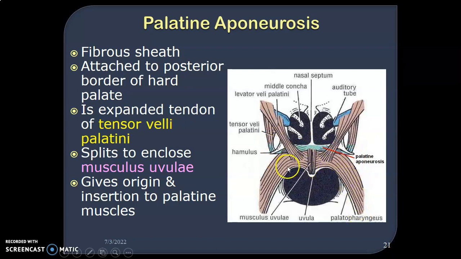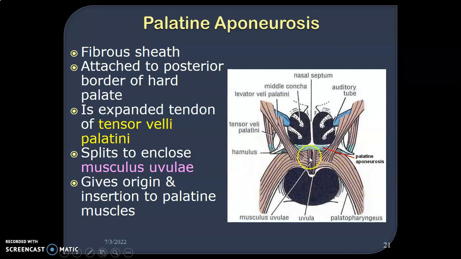Then you have your palatopharyngeus muscle here, the uvula containing musculus uvulae in it. This is the uvula. When you open the mouth, at the center above, there's usually a projection in the midline, that's the uvula. And on the sides, you have palatopharyngeus running through. This expanded tendon of tensor veli palatini comes from the palatine aponeurosis.